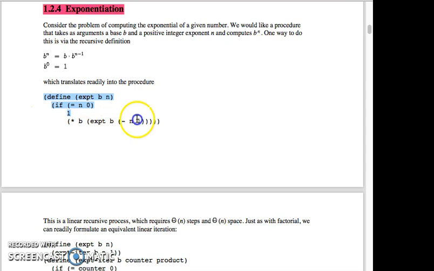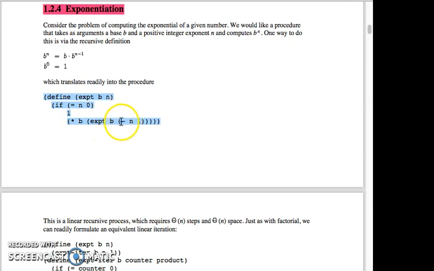Define the procedure exponent that takes inputs b and n to be: if n is equal to 0, return 1. Otherwise, multiply b and the exponent of b and n minus 1.